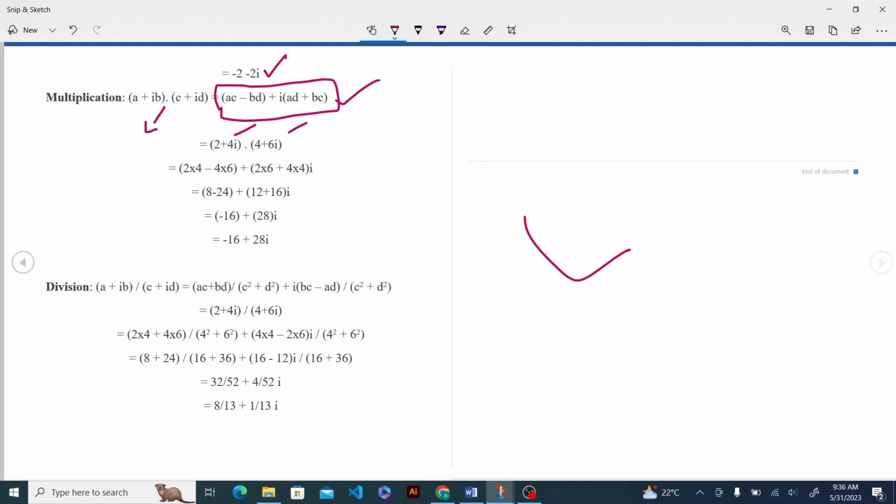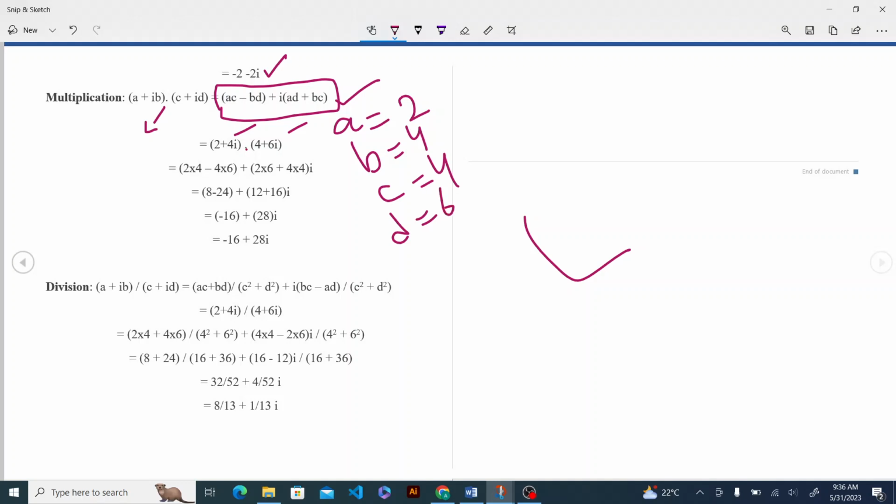Complex numbers are the same, 2 plus 4 iota and 4 plus 6 iota. They are being multiplied here by the dot sign. Now a into c, a will be multiplied with c. a is 2, let me write here, a is 2, b is 4, c is 4 and d is 6.